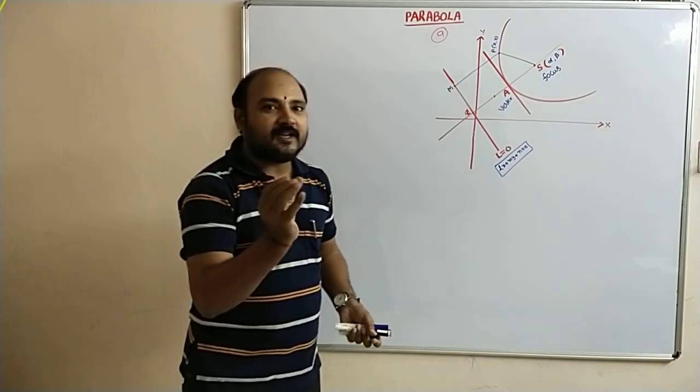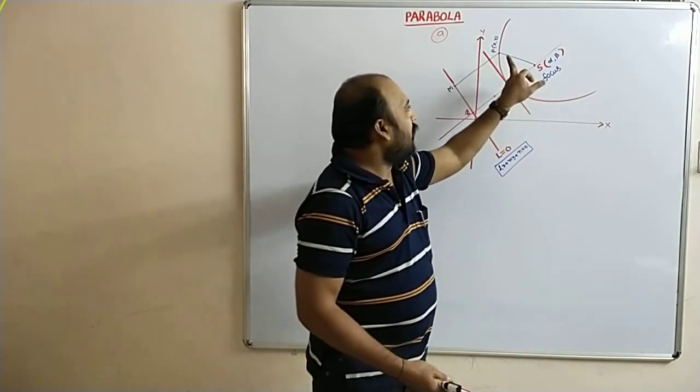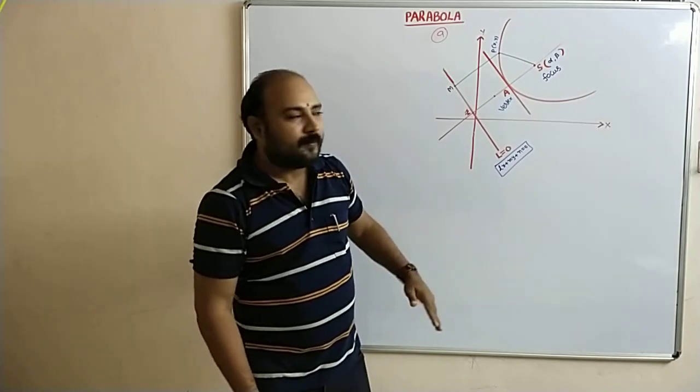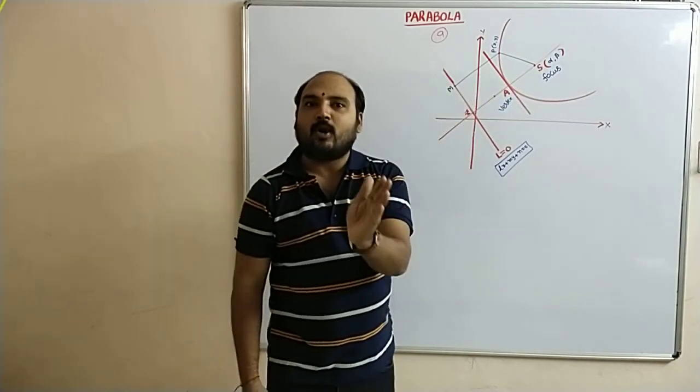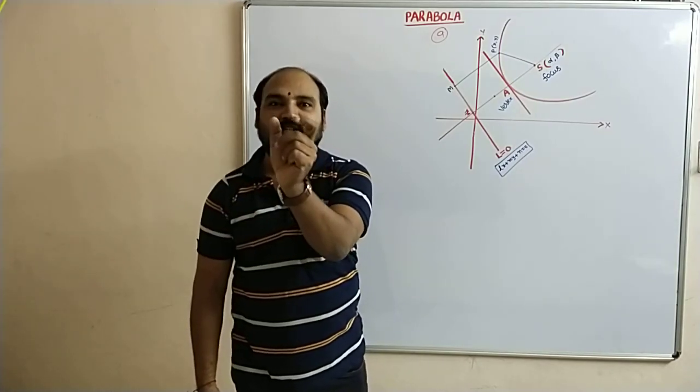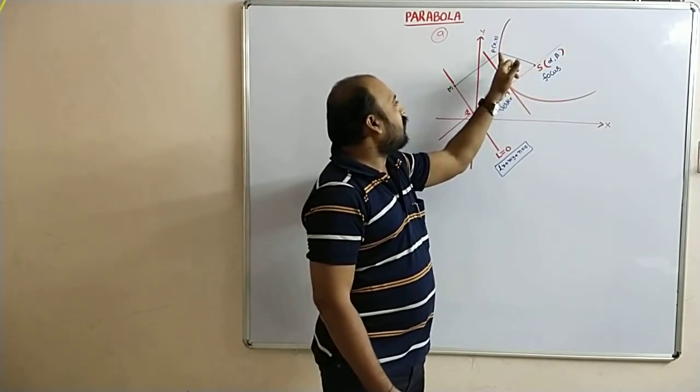What is the condition for the parabola? If the point P lies on the parabola, SP by PM equals E. For the parabola, E equals eccentricity, and that value is equal to 1. So SP equals PM.